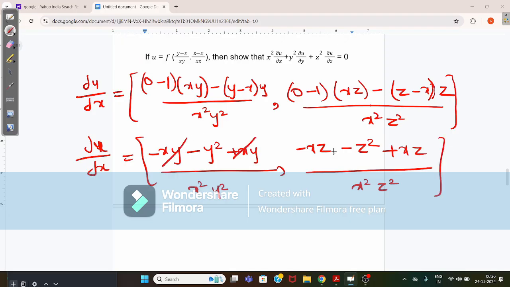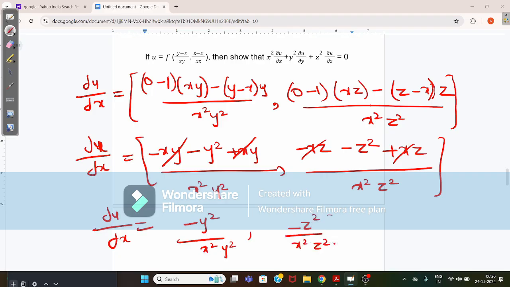Cancel this out. What you get, the value dou u by dou x gives the value here minus y square by x square y square and minus z square by x square z square. This value gets cancelled out, so minus 1 by x square, minus 1 by x square.